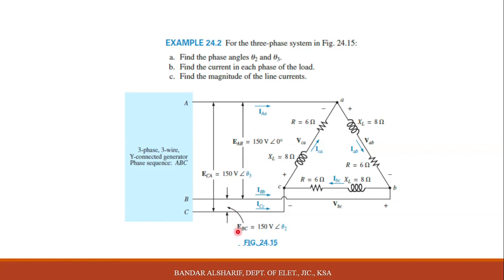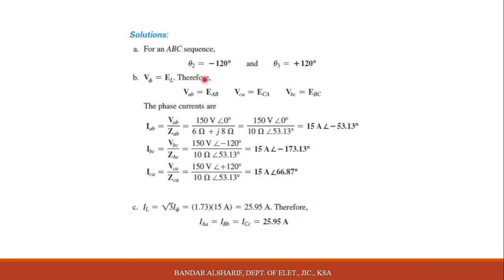The voltage EBC is 150 with angle theta 2, which will be minus, since it is a positive sequence. It is mentioned here: Y-connected generator, phase sequence A, B, C. This means for EBC the angle will be minus 120 and theta 3 will be plus 120. See here is the answer.